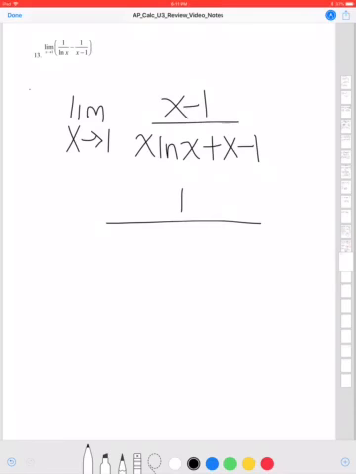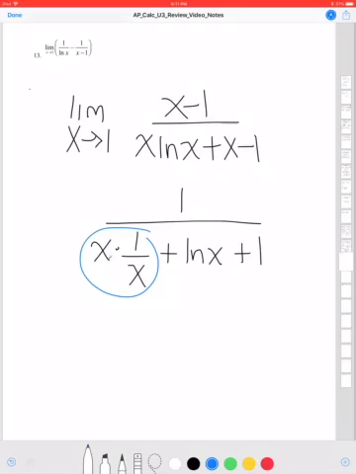Alright, here we go. The derivative of x is 1. Alright, first times the derivative of the second plus the second times the derivative of the first, which is just 1. The derivative of x is 1, and so we are here. Alright, x times 1 over x is 1.